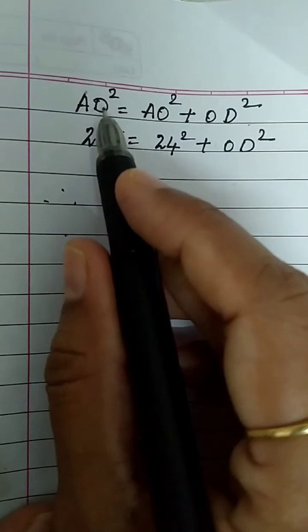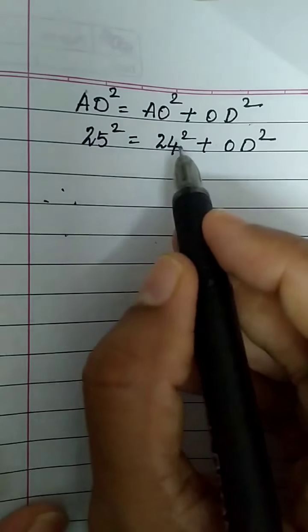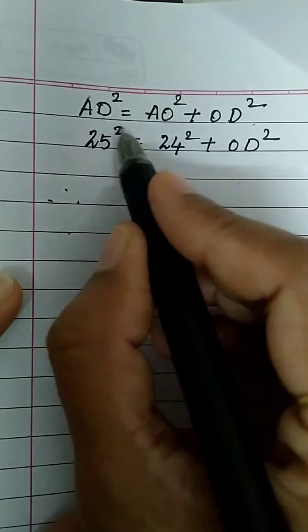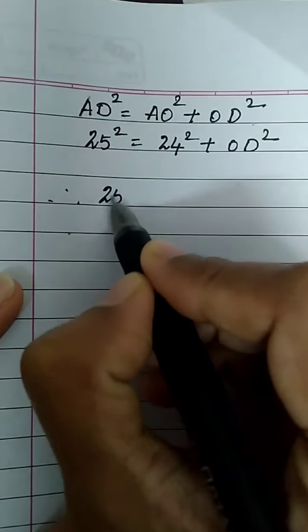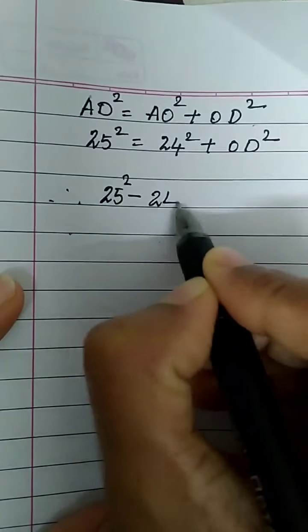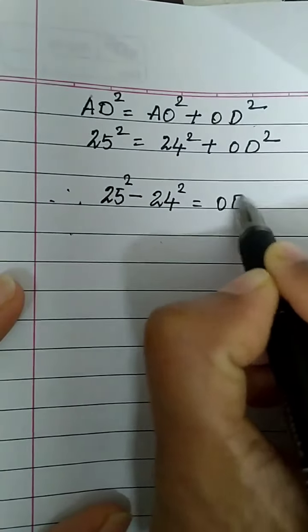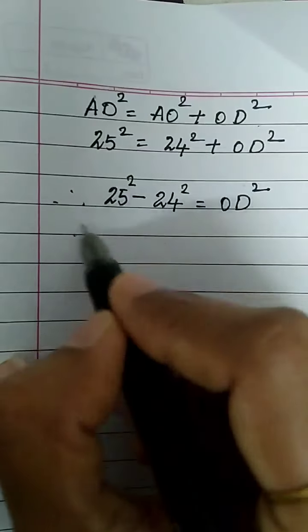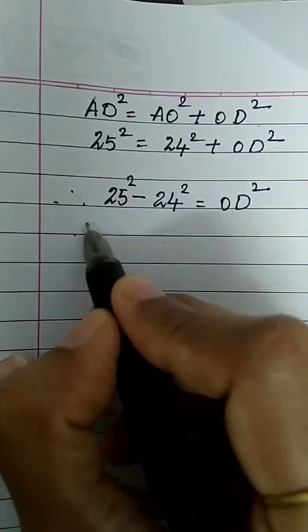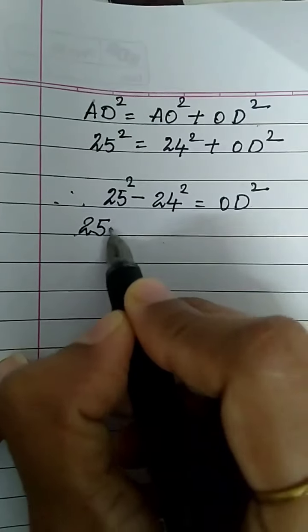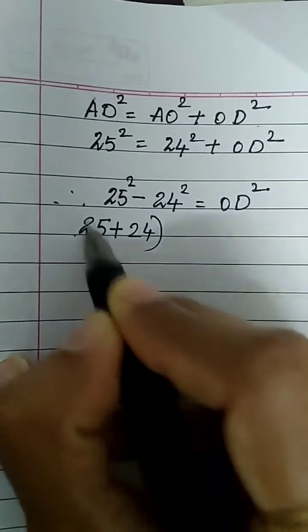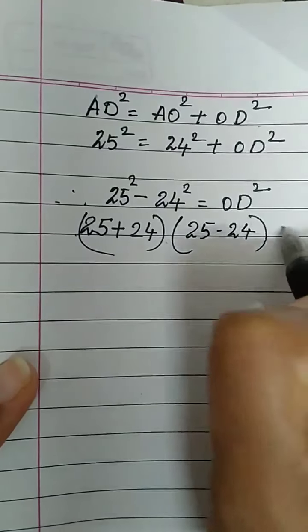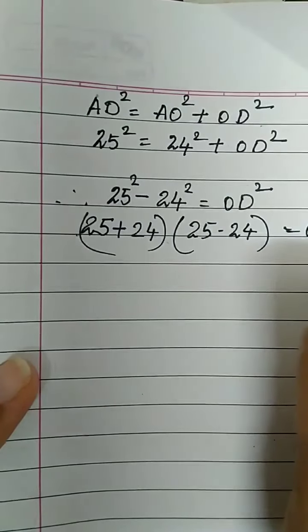AD is 25, square, is equal to 24 square plus OD square. Bring this 24 square to the other side, so you get 25 square minus 24 square is equal to OD square. As I have told you before also, I will do this by the A square minus B square method. So A square minus B square is A plus B into A minus B, which is equal to OD square.